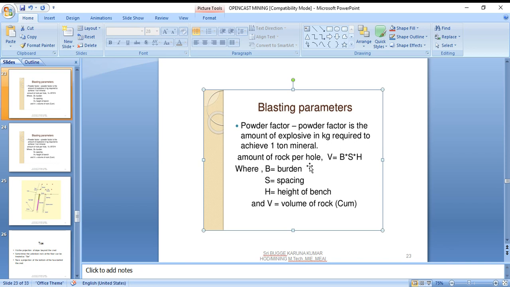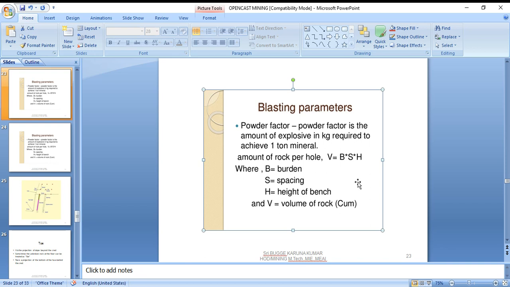So, the amount of rock per hole: volume is equal to B, the burden, times S, the spacing, times H, the height of the bench, which is nothing but the depth of the hole. Okay, amount of rock per hole, V equals burden times spacing times height.